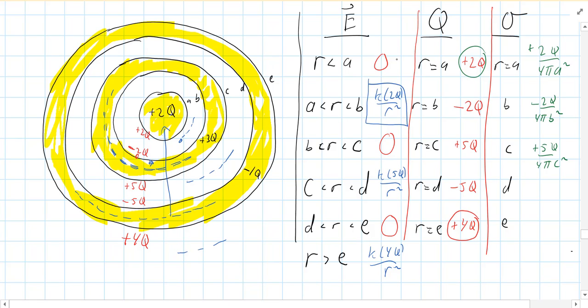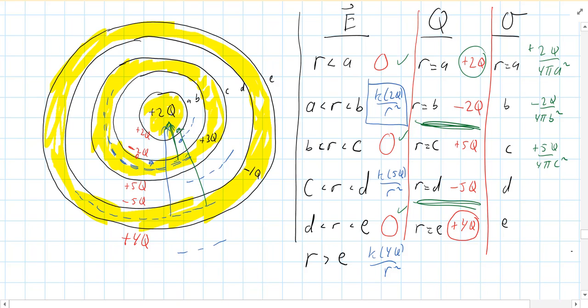Okay. So now I've got one more thing to add, but before I do that, again, look for patterns. I started with, hey, I know the electric field is 0 within a conductor. I start with that, and from that, everything else flows. So for instance, I know that everything within this sphere has to add up to 0q, and everything within this sphere has to add up to 0.